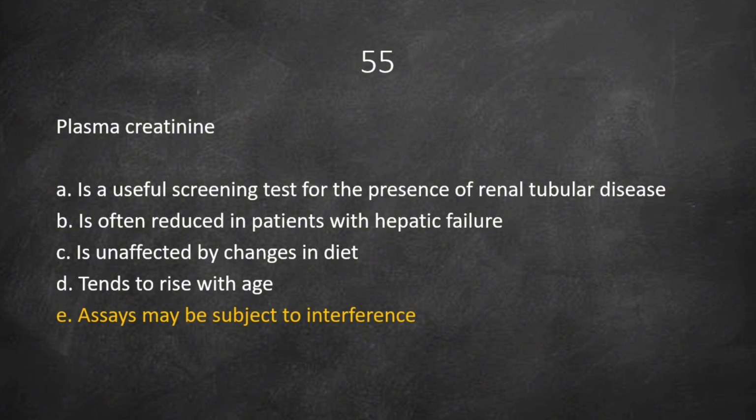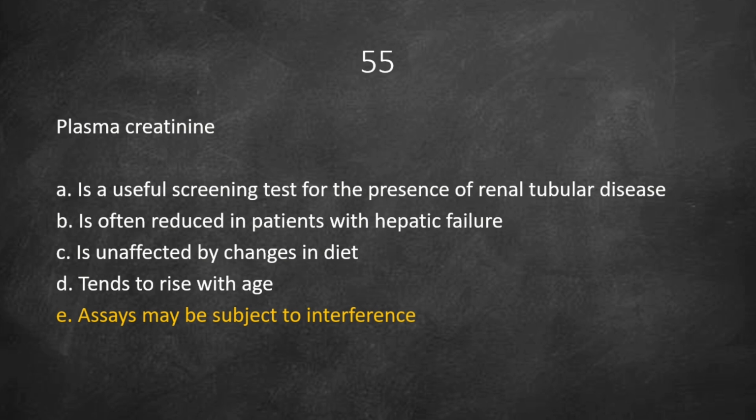Then if you look at option C, unaffected by changes in diet. That is incorrect. Creatinine is affected by changes in diet. If you take somebody who is on a high protein diet, it will elevate the creatinine levels. Then D, tends to rise with age. This answer may not be consistent, because if you have a child, maybe the creatinine levels will be low as compared to a young adult.